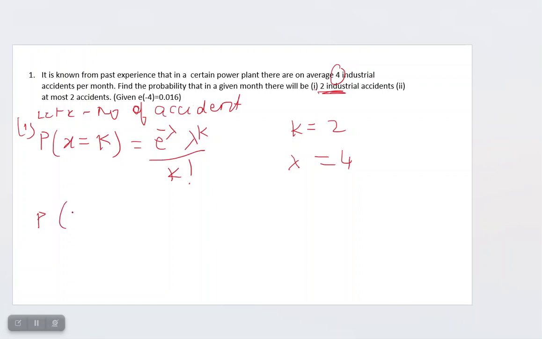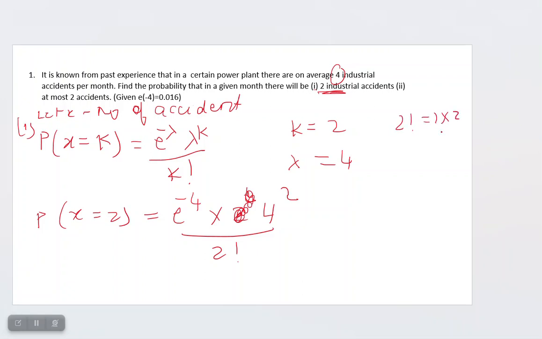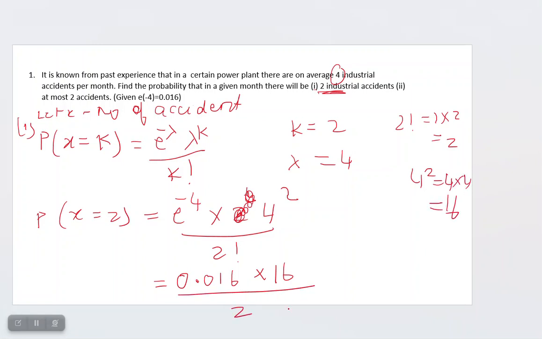So we want P of x equal to 2 equal to e raised to minus 4, sorry, lambda is 4, k is 2, so 4 raised to 2 upon 2 factorial. Now, 2 factorial is 1 into 2, which is 2. e raised to minus 4 is given as 0.016. 4 square is 4 into 4, which is 16, and upon 2, we get 0.016 into 8.